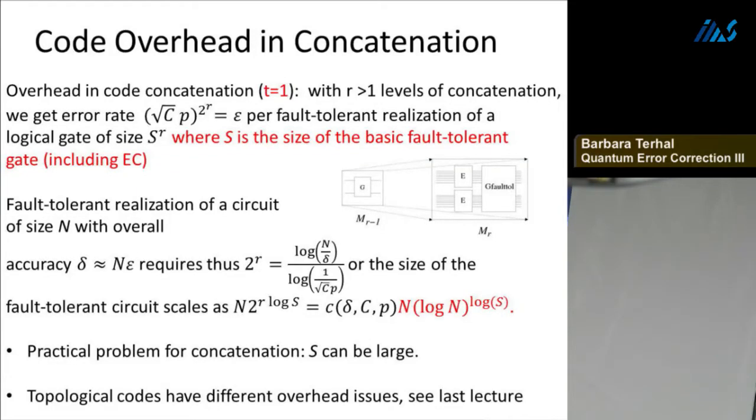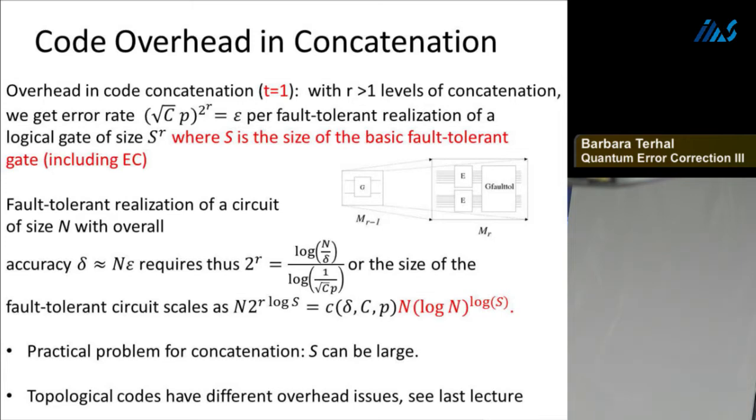And I want to make one comment about the overhead that we get from doing code concatenation. So I said it's polylogarithmic in n, and one thing one can worry about is the size of this overhead, this power of this log n.